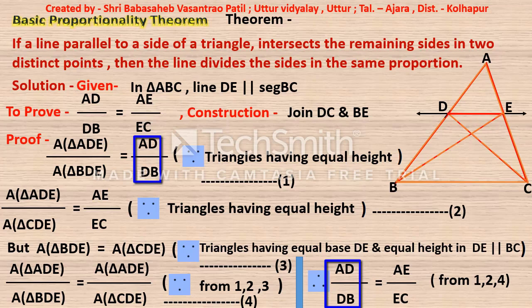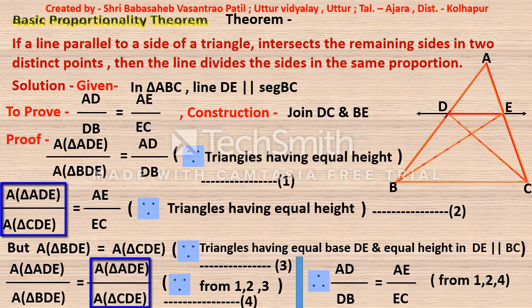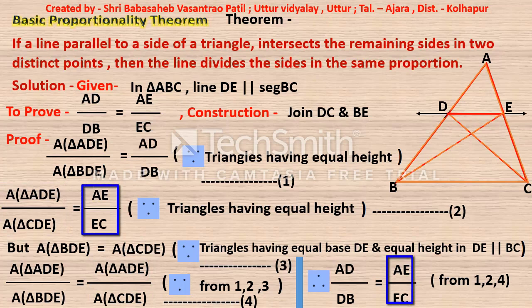And the RHS value, that is AE divided by EC, we substitute from equation 2.